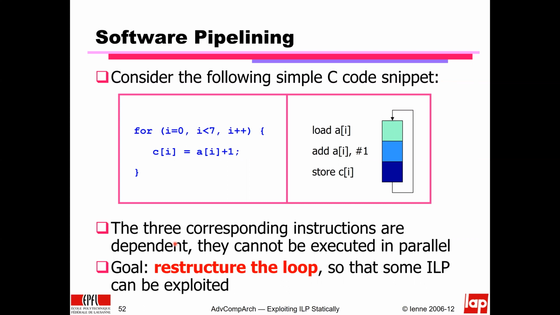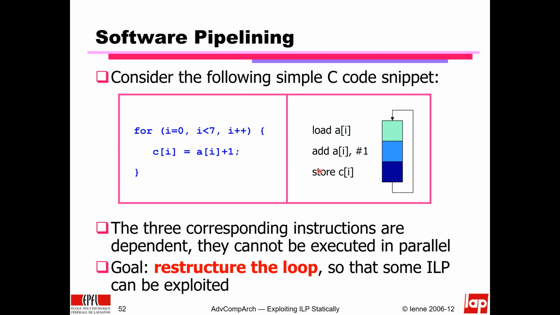And this is exactly the problem we had before, where we have a chain of dependencies, right? I load, I need to wait to do the add, I need to wait to do the store, right? This is what is important, and this is what is tough. If I didn't have dependencies here, everything would be fine because I would do this in parallel.